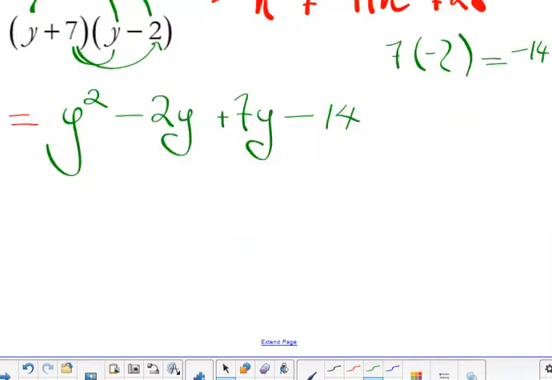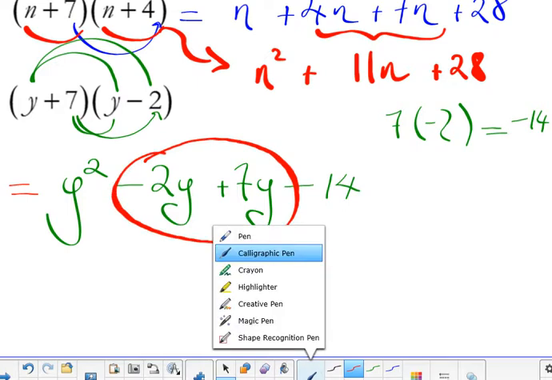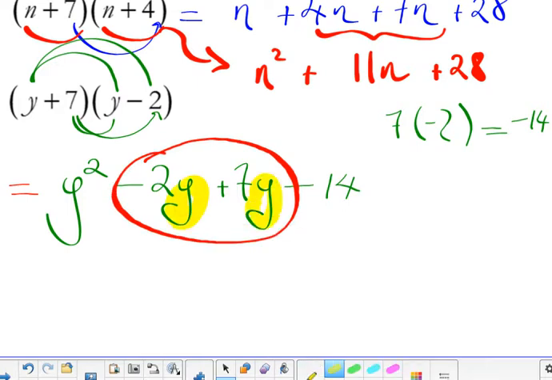Now, once again, what do you notice? We notice on the inside here, or in the middle, those two terms are the same type of term because they have a y together. We've got negative 2 of them and we've got plus 7 of them, don't we?